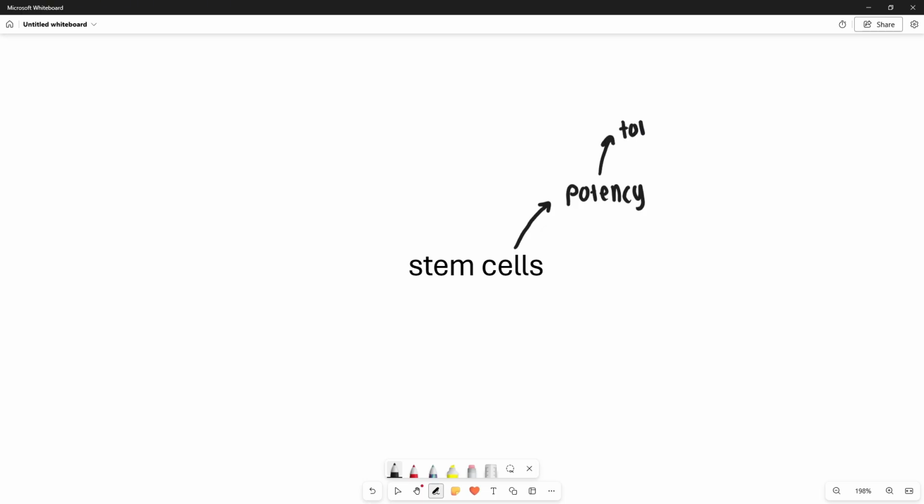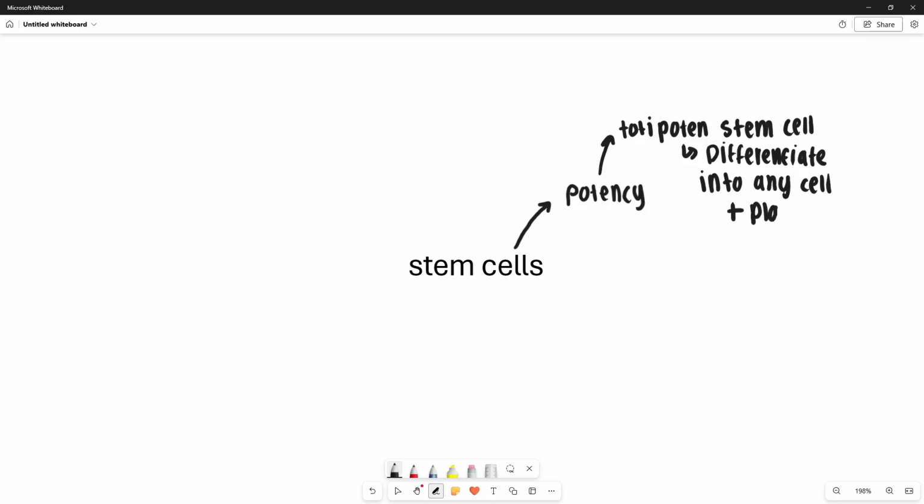A totipotent stem cell can differentiate into any cell plus the placenta.